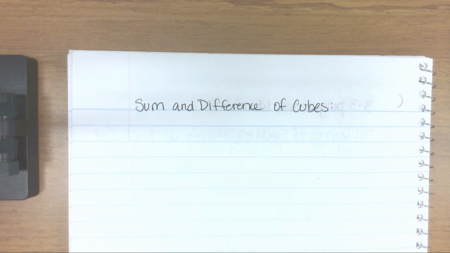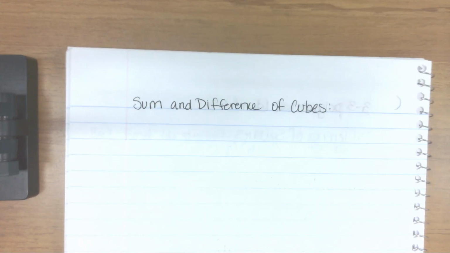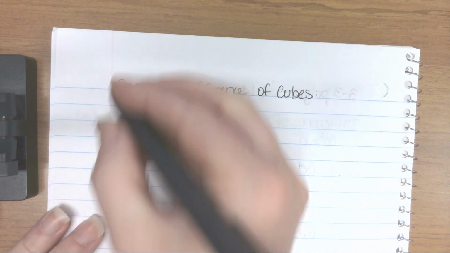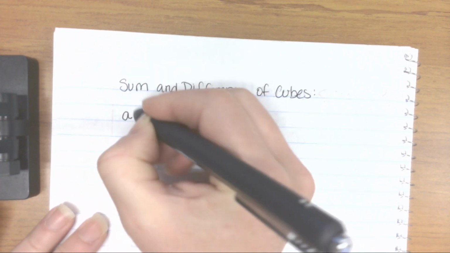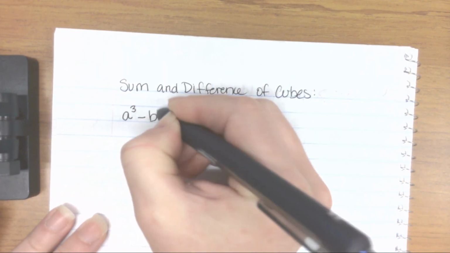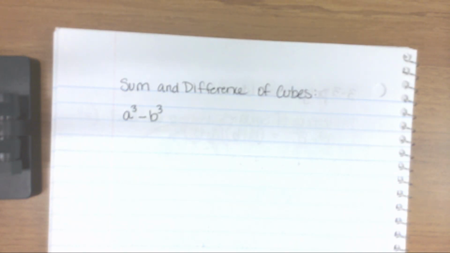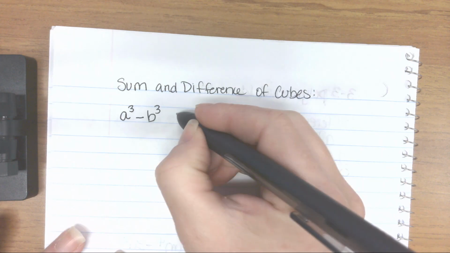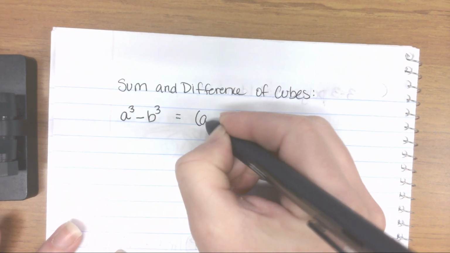Cube roots might not be as easy to figure out as some other ones, but if I have A cubed minus B cubed, the multiplication that provides that is A minus B.